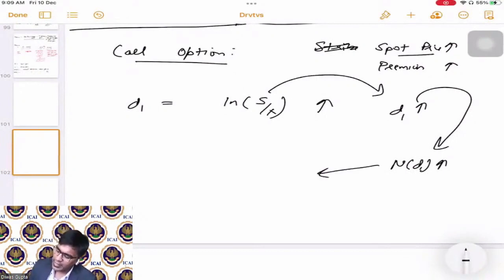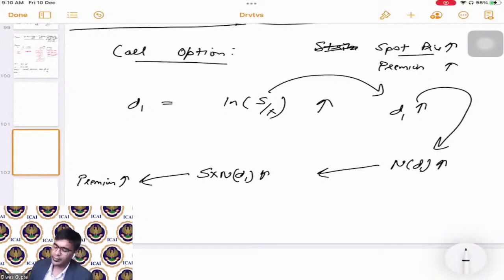And as a result, S into ND1 will also increase. If S ND1 is increasing, the part before the minus will also increase. That will increase the premium value.